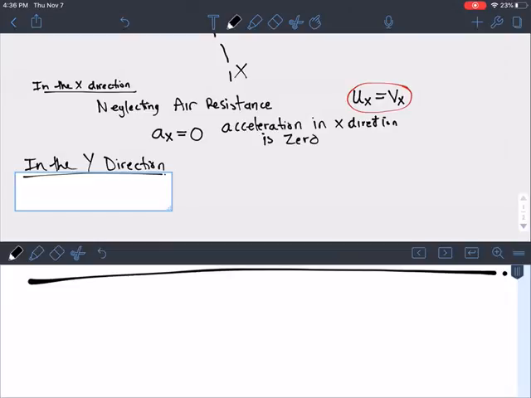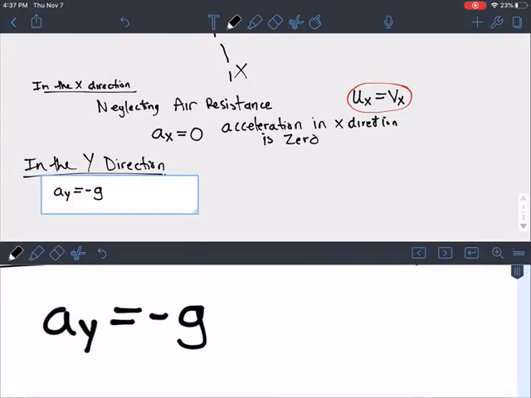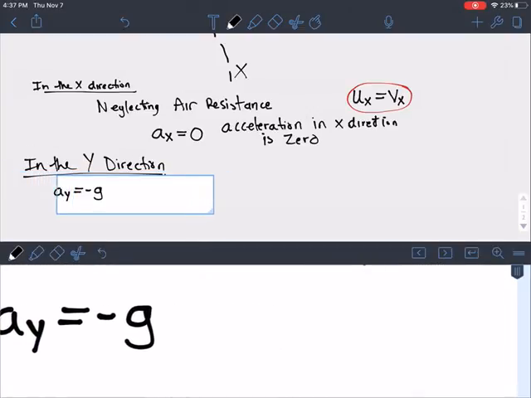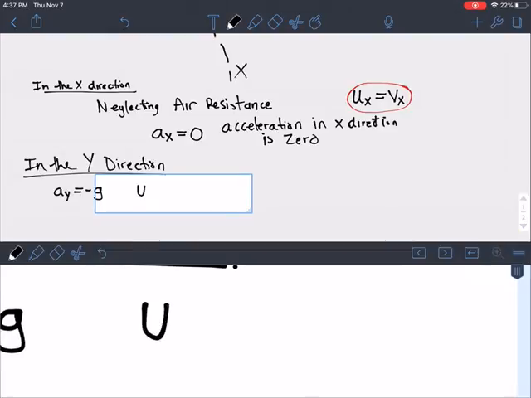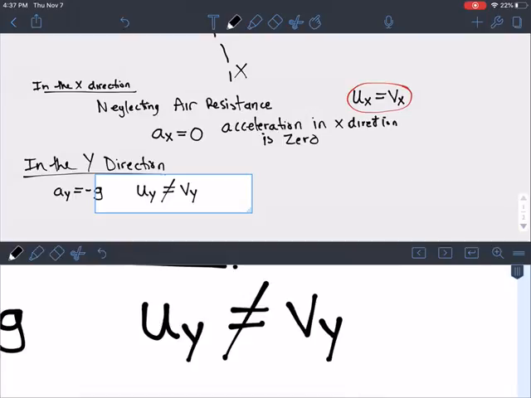Right, so acceleration in the Y direction is equal to negative G. And since AY, or acceleration in the Y direction, is equal to negative G, then UY, or initial velocity in the Y direction, can never equal final velocity in the Y direction. And final velocity is almost always going to be greater than initial velocity, right, in these problems.